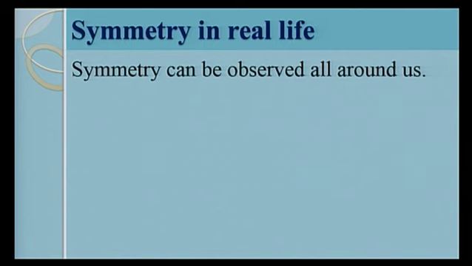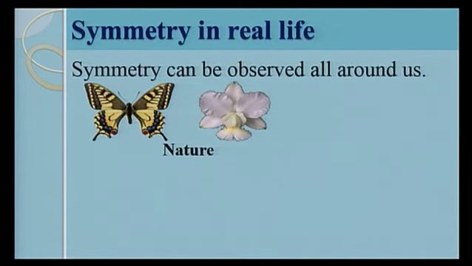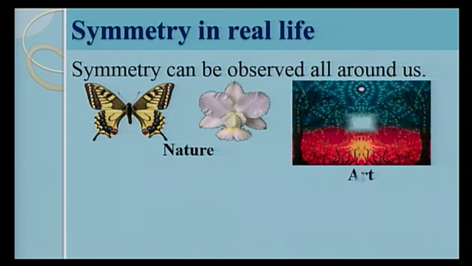Now, where can we find symmetry? Symmetry is all around us. You can find it in nature, for example a nice butterfly or a flower. These are symmetrical. Then symmetry is in art. Remember when you were in primary school, everyone has done that: you take a paper, put some watercolor on it, fold it, press it, and then open it.